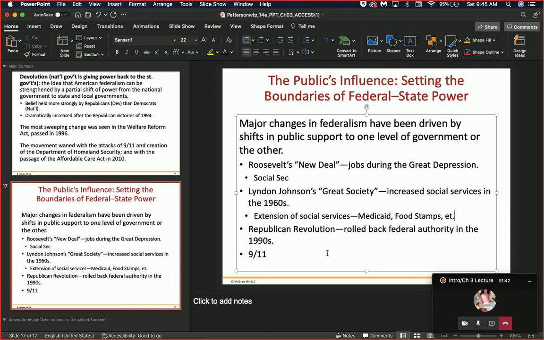The Republican Revolution, which basically rolled back federal authority. Remember, Republicans tend to value devolution, giving this power back to the states. So in the 1990s, we really saw that start to happen. But in 9/11, that is again whenever we saw the process of nationalization.